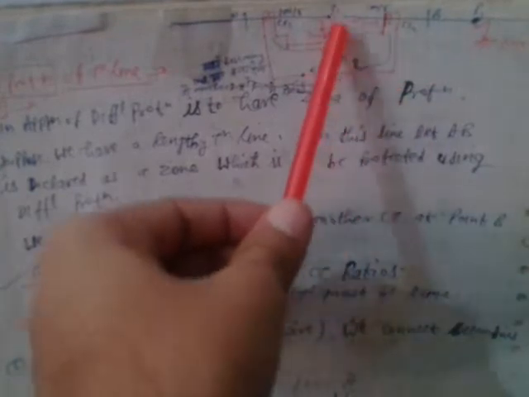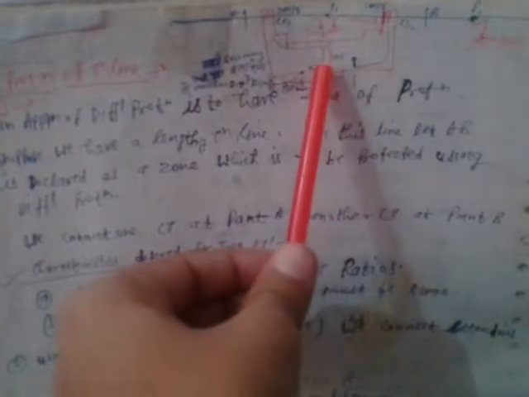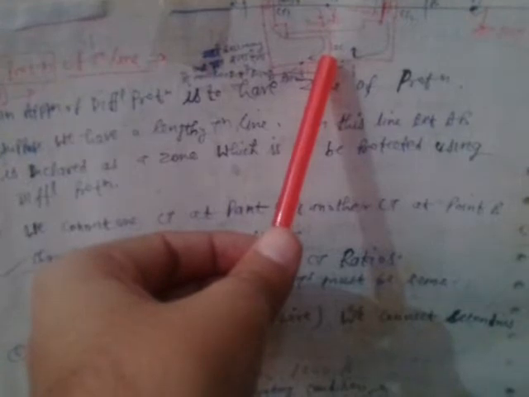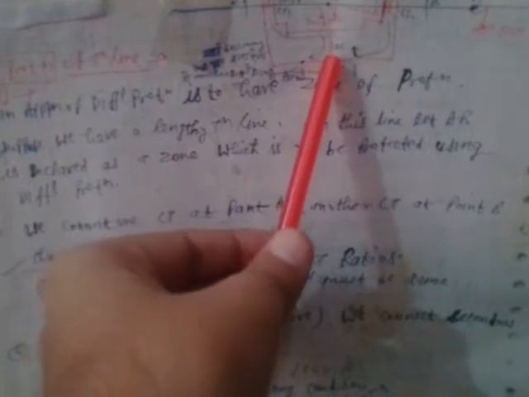The relay is not operating, because the difference of current in the relay operating coil for this external fault P1 is 50 ampere minus 50 ampere, that is 0. So the operating force is 0, and the relay will not operate for this external fault, which is outside the protected zone AB.